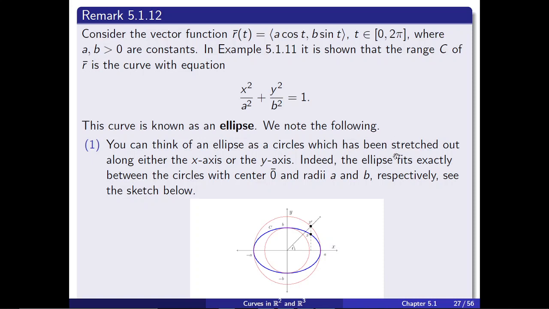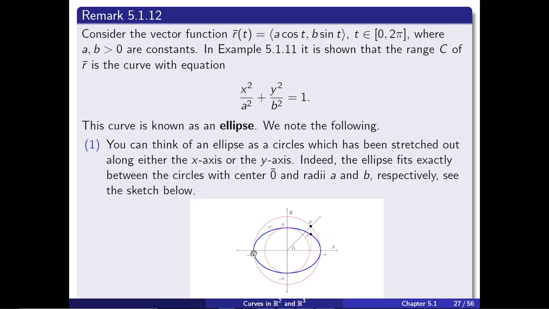So we are going to note some points that we know about an ellipse. You can think of an ellipse as circles which have been stretched out along the x-axis or the y-axis, right? Indeed, the ellipse fits exactly between the circles with center 0 and radii a and b, respectively. See the sketch below.